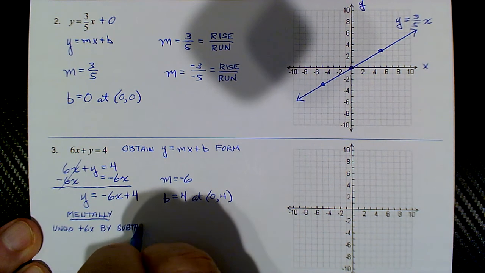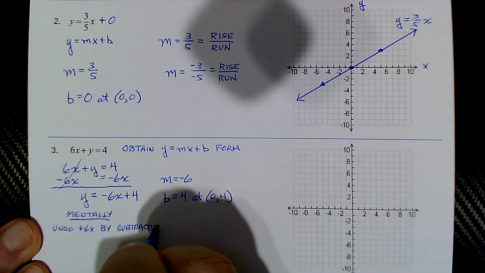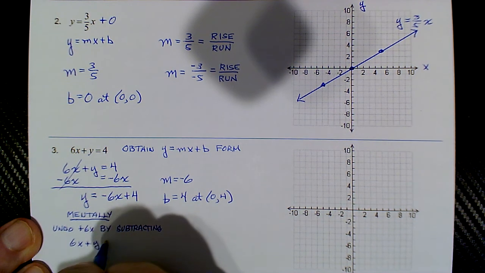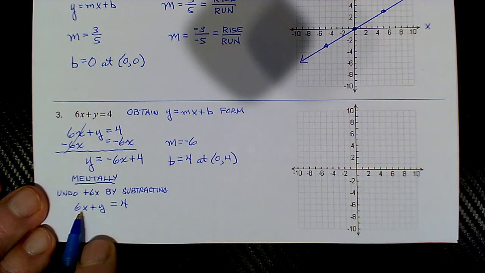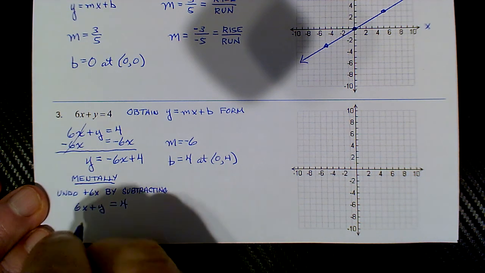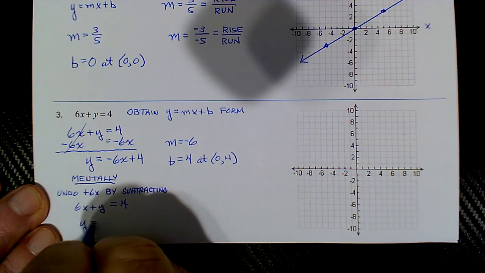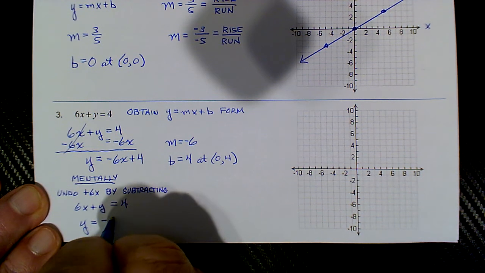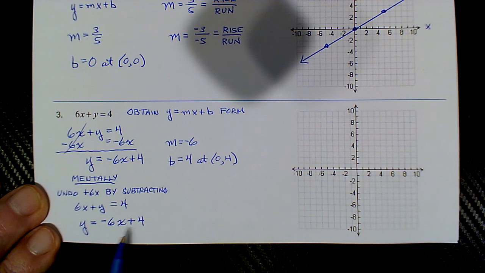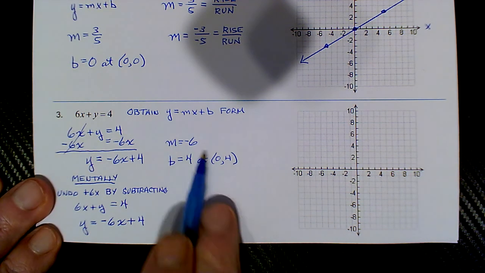That is, if we start with 6x plus y equals 4, the given equation, and I just want to move the 6x to the right, I'm going to add the opposite, or I'm going to subtract 6x. So I'm undoing the 6x by subtracting, and that gives me y, and when the 6x crosses the equal sign, it changes sign and becomes minus 6x, and then plus the 4. And again, you can't combine the variables with the constants. So however you get there, we now have the slope is negative 6, y-intercept is 4.